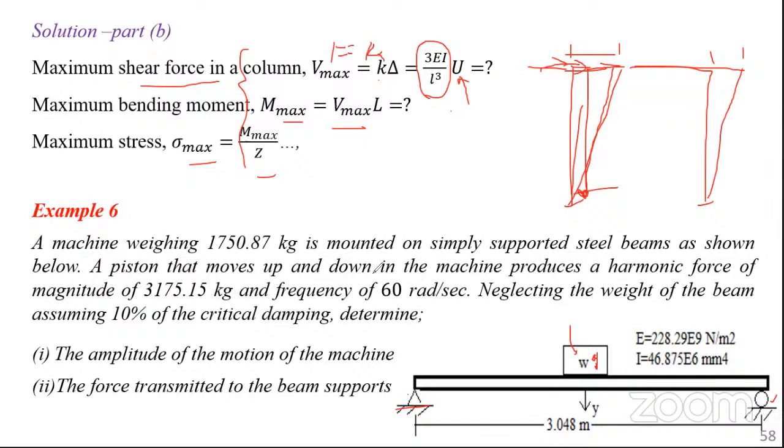Because of that piston moving up and down, the machine produces a harmonic force of magnitude 175 and a frequency of 60. So the machine produces this dynamic force at this frequency, right?